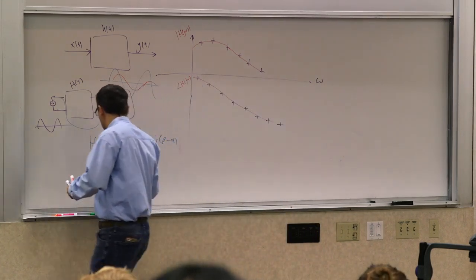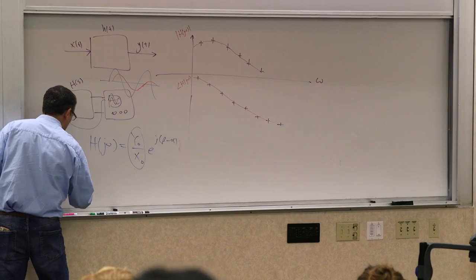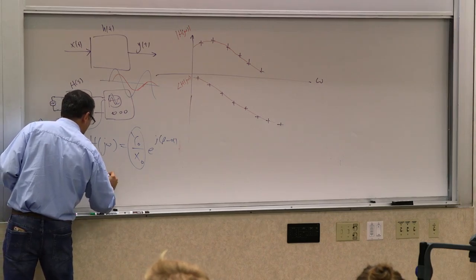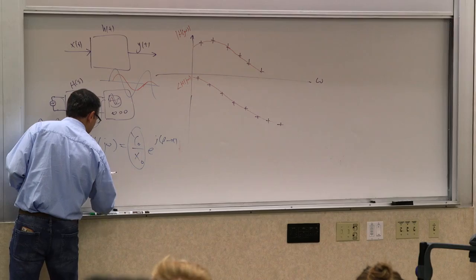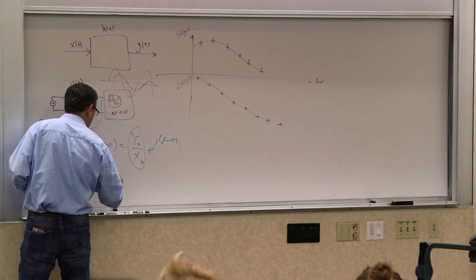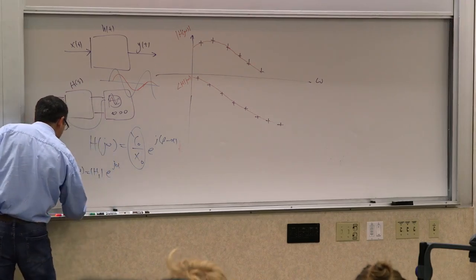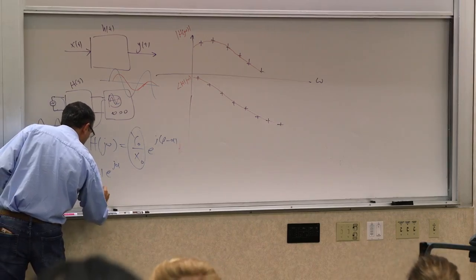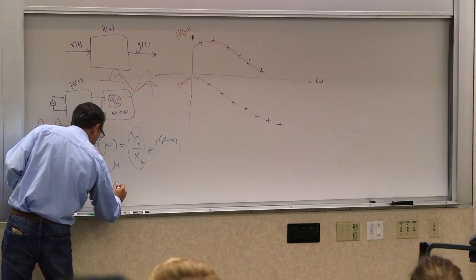But it would be the product of the magnitudes, right? Because if I have h1 of j omega, that's the magnitude of h1 and the phase of h1, let's say e to the j alpha. And the second one, h2 of j omega, that's the magnitude of h2 and the phase of h2.